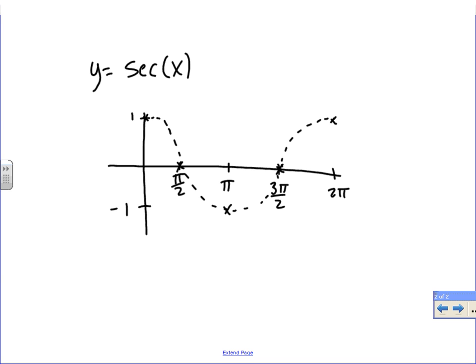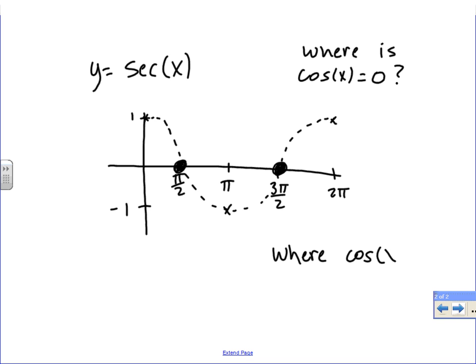Now, we're going to graph secant from this. We're going to ask this question about cosine, just like we did with sine. Where is cosine x 0? Where is the cosine at 0 here? That would be at pi over 2, and then at 3 pi over 2. Now, see if you can figure this out.